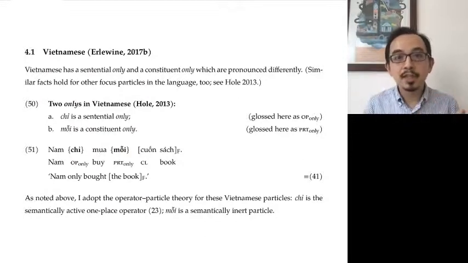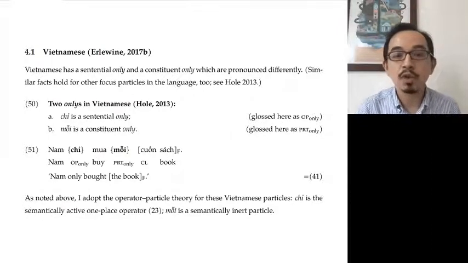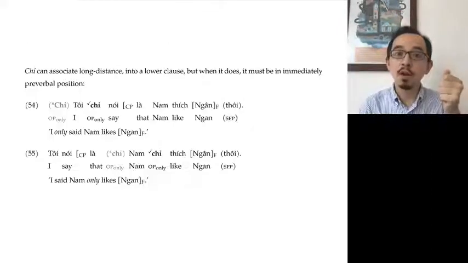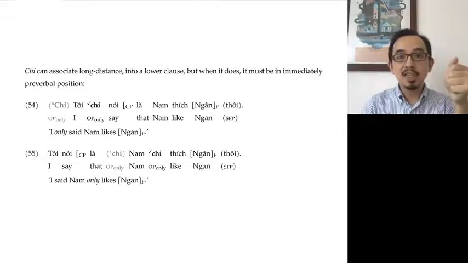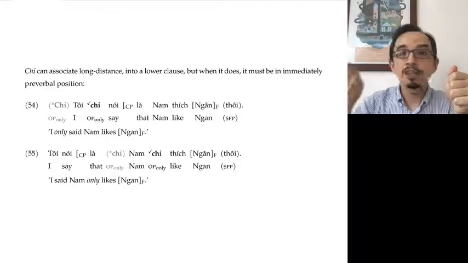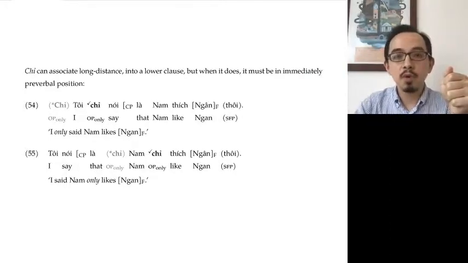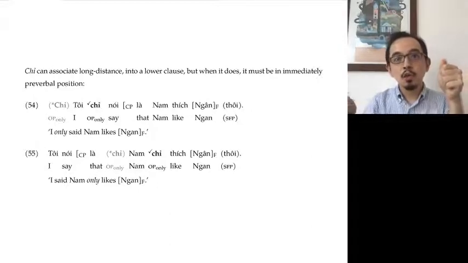But in long-distance examples, like 24 and 25, in 24, where chi is higher and associates with an embedded object, that's fine. But the speakers I consulted are not so happy with also putting moi on the embedded object at the same time.